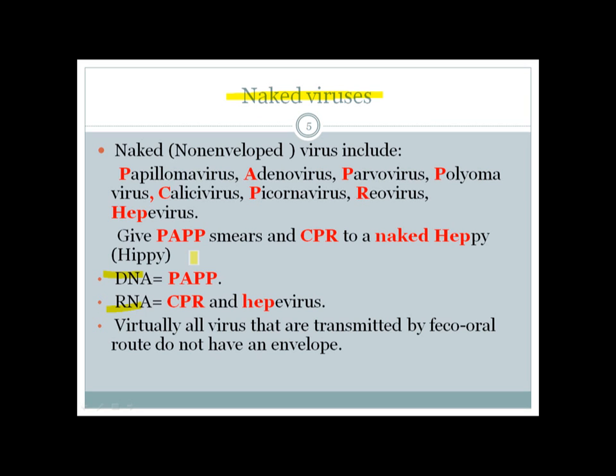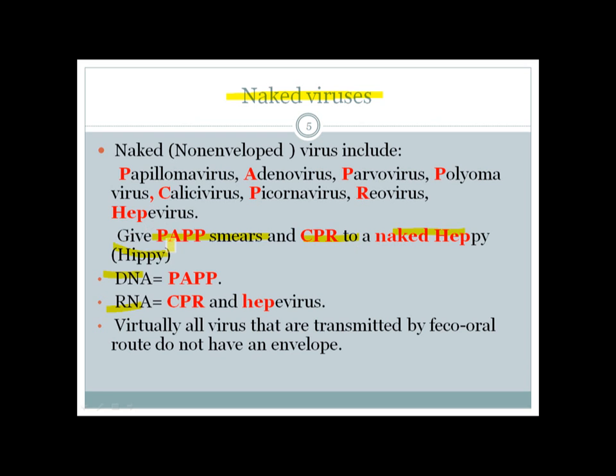After giving CPR, you determine that she is about 28 or 30 and has never had a pap smear, so it's better to give her a pap smear too. So you give a pap smear and CPR to a naked hippie.